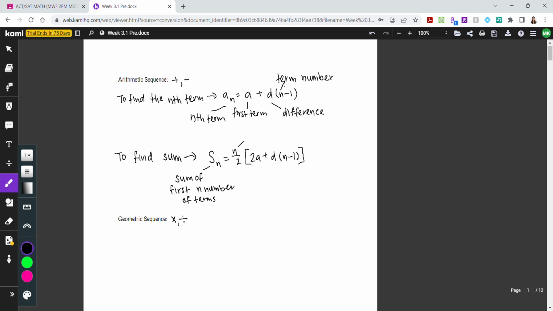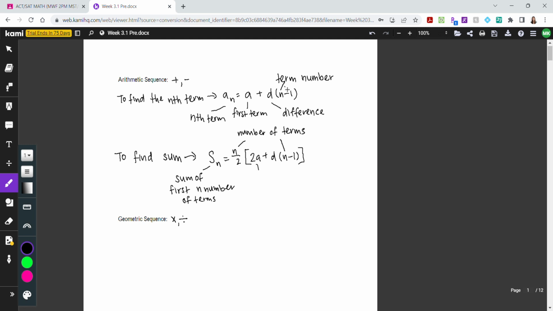Again, n, as we know, would be the number of terms that we're adding. So that means if we're trying to find the sum of the first 8 terms in the series, we will plug in 8 here. And the sum of the series will be first term plus second term plus third term plus fourth term plus fifth term plus sixth term plus seventh term plus eighth term is what it means.